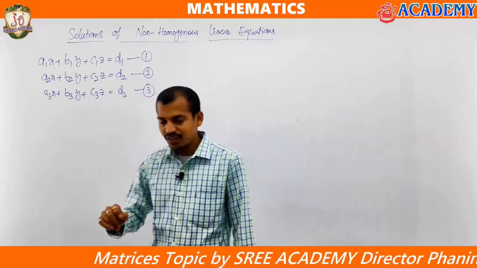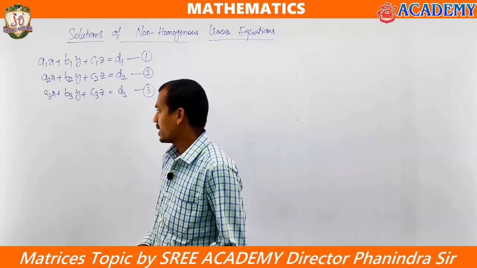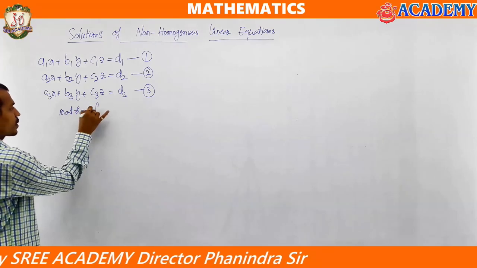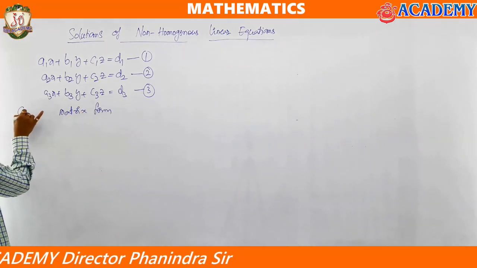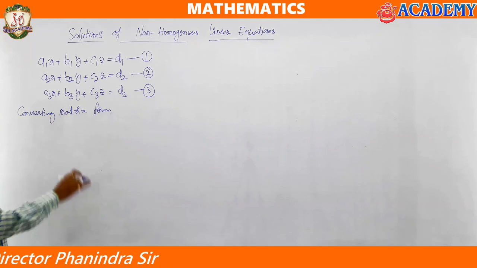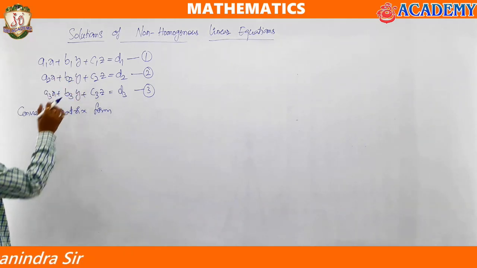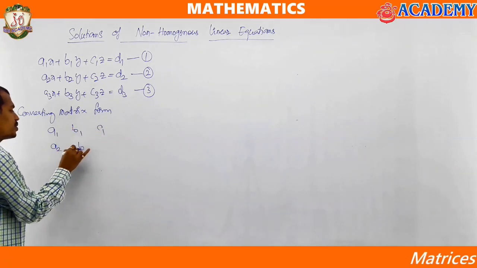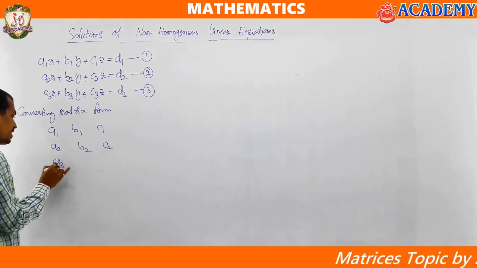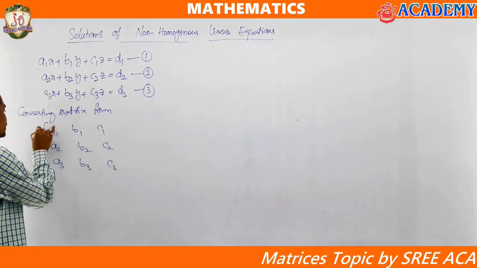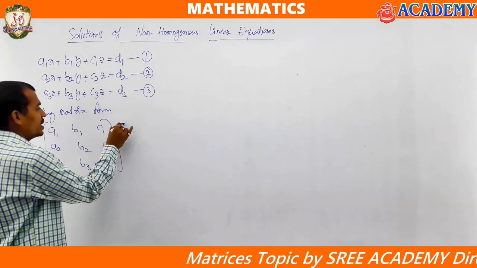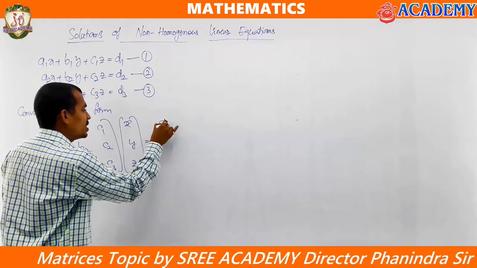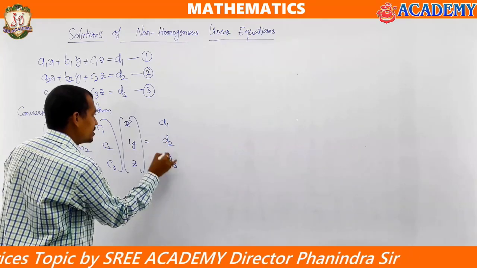Before that, I am converting these three equations into matrix form. That is, I am writing the matrix a1 b1 c1, a2 b2 c2, a3 b3 c3, multiplied by x y z, equal to d1 d2 d3.